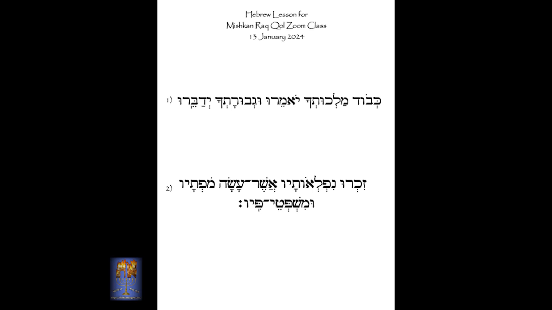We have, how do we pronounce this? Yedaberu. All right. So what are they going to do? We know it's "they" because of the u on the end, right? They will talk. The bar, right? The bar, to talk.